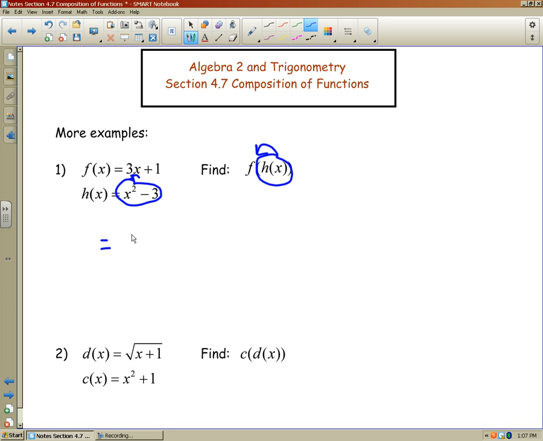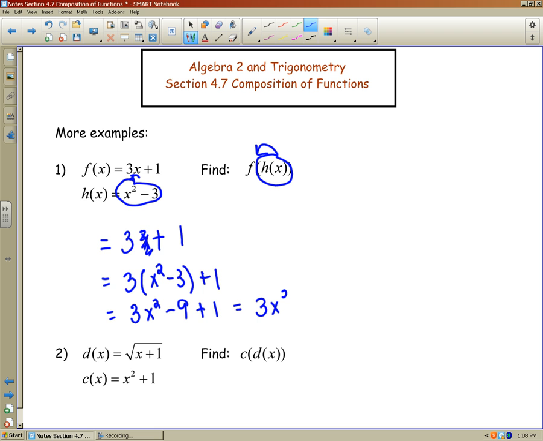So we have 3x plus 1, but instead of x, I'm going to have x squared minus 3, plus 1. So 3x plus 1, take the x out and put in x squared minus 3. Distribute the 3. Simplify. And you're done.